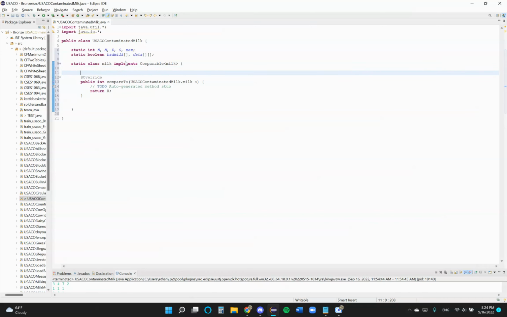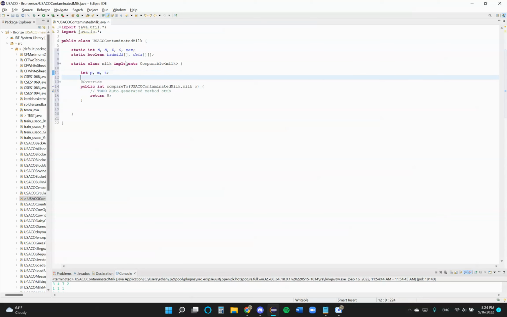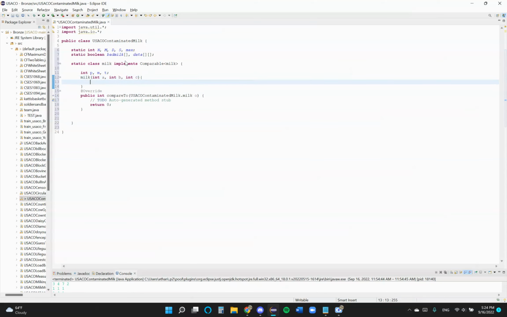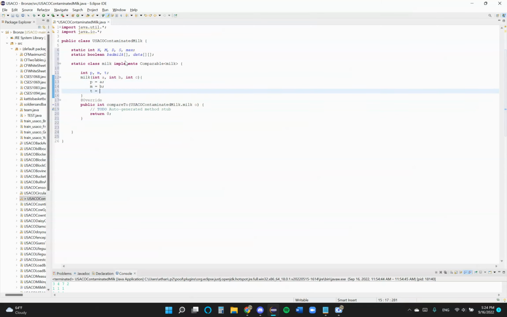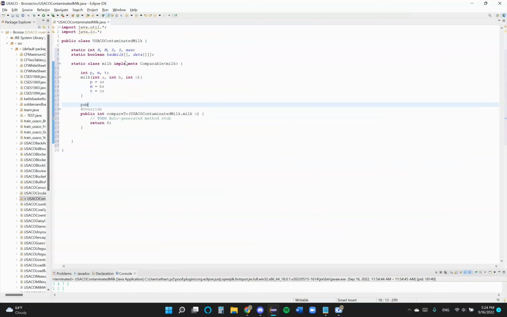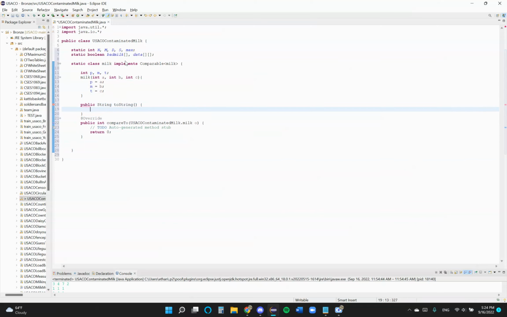And then we're going to have int p, so the person, m, which is the type of milk, and t, which is time. So milk, int a, int b, int c, a, b equals c. So we're done initializing. And we also need to make sure that we can print it out. So public string toString return p plus.